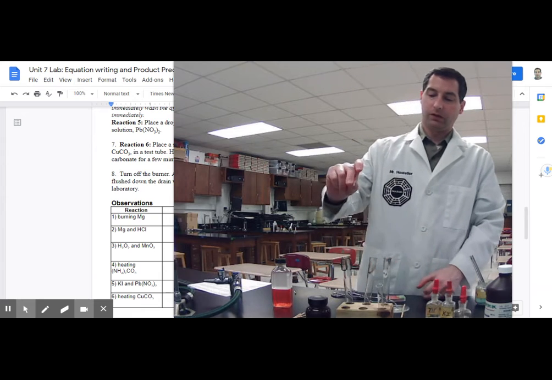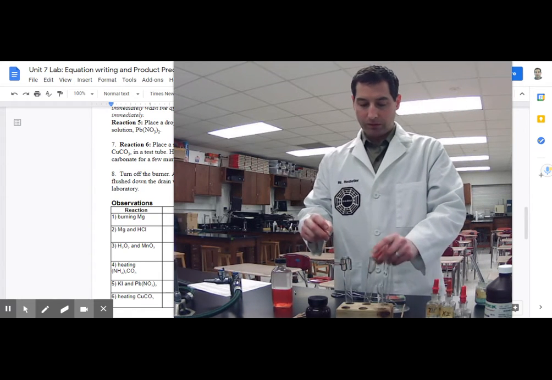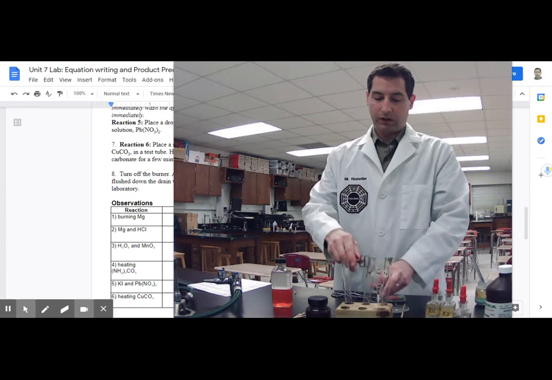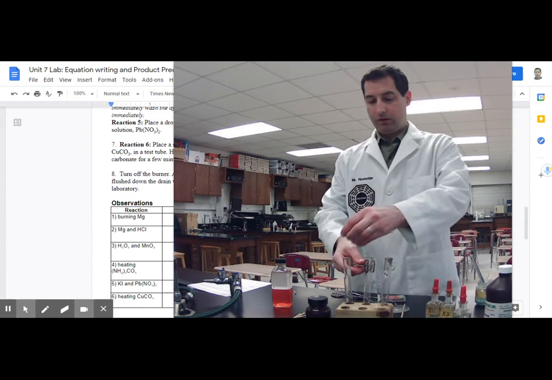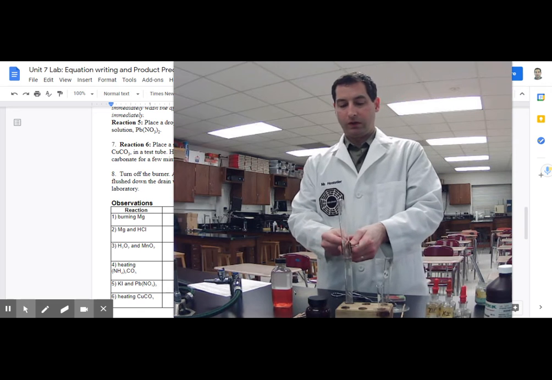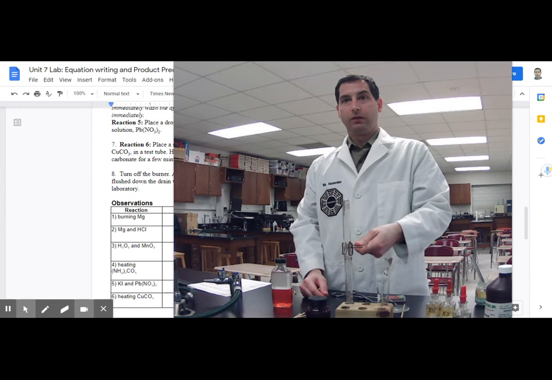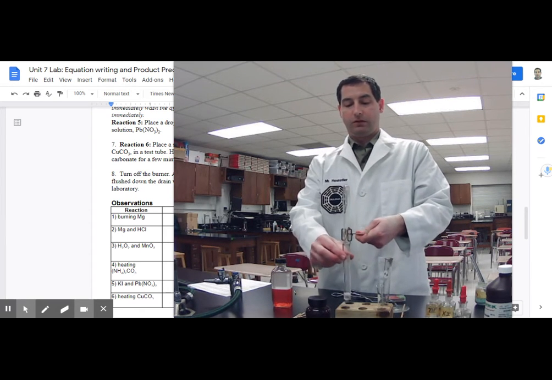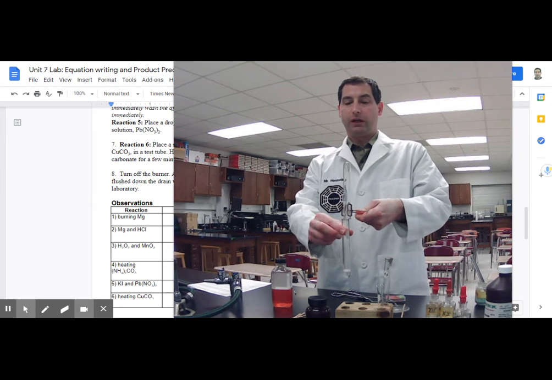So I fold this so it all hits the acid at once. And then I'm going to collect the gas that's produced by holding this upside down. And then we'll test that gas. So you can see bubbling happening as the magnesium is dissolved.